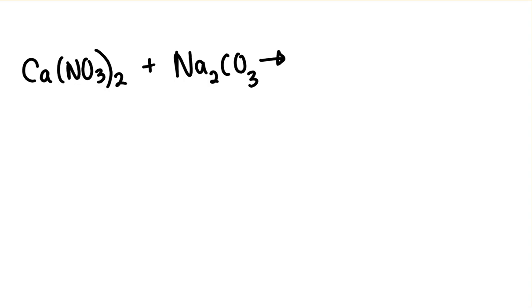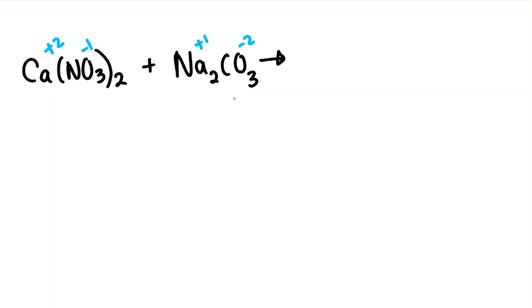And I know this is double replacement because I have two ionic compounds, metal, polyatomic ion, metal, polyatomic ion. The first thing I would do is determine the charges on these ions. And you can use your periodic table or your polyatomic ions to do that.